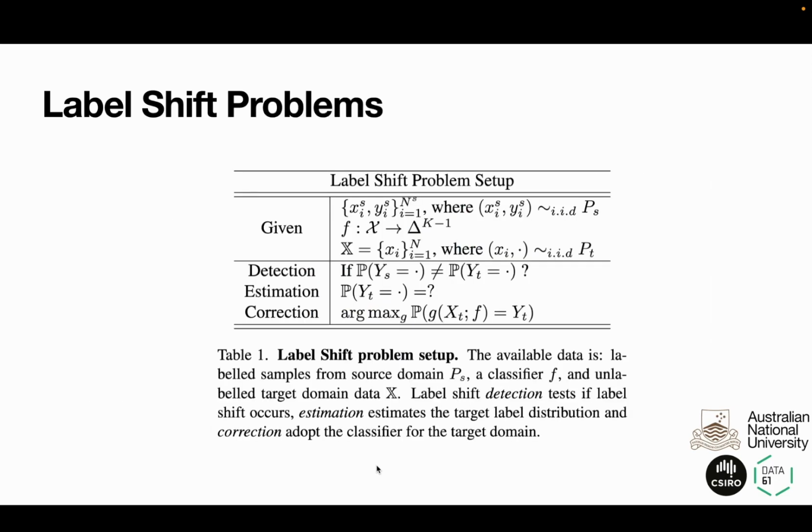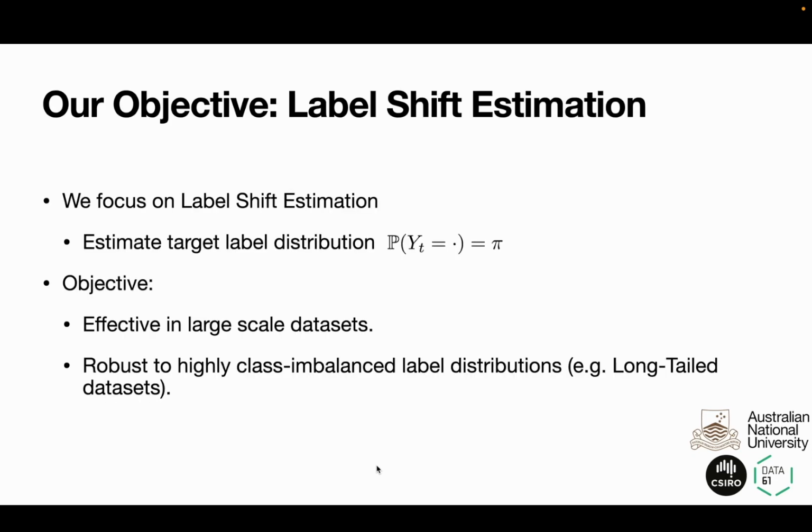In the label shift problem, we are given labeled source domain data, a source domain classifier, and unlabeled target domain data. The objective of the label shift problem includes detection, to detect if label shift happens; estimation, to estimate the target label distribution; and correction, to adapt the source domain classifier to the target domain for optimal performance. We focus on the label shift estimation problem.